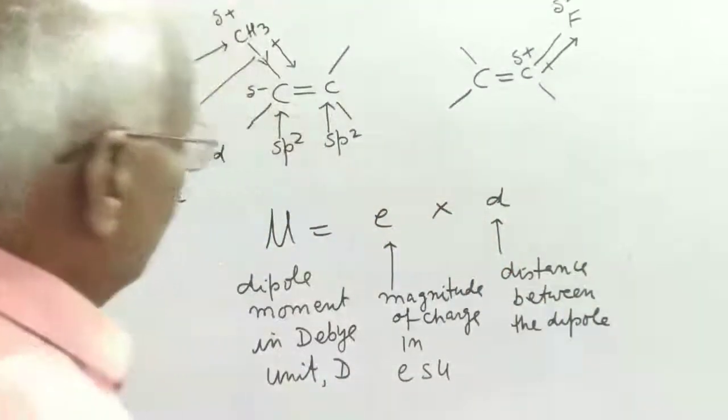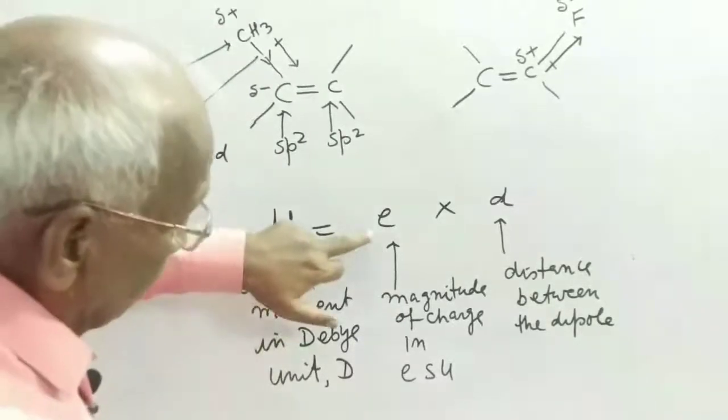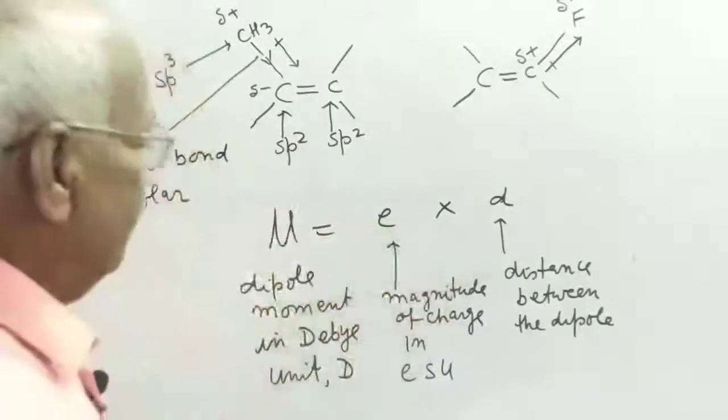So dipole moment is equal to magnitude of charge multiplied by distance.